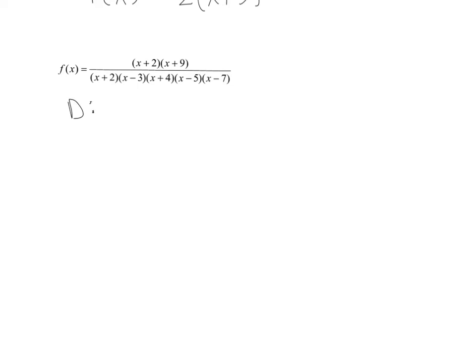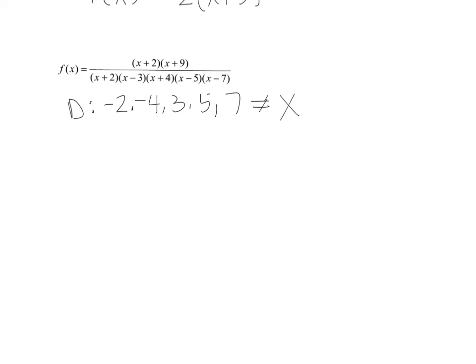I'm going to list my negative numbers together and then my positive: negative 2 and negative 4, and then 3, 5, and 7. These are the values that x cannot equal in my domain.